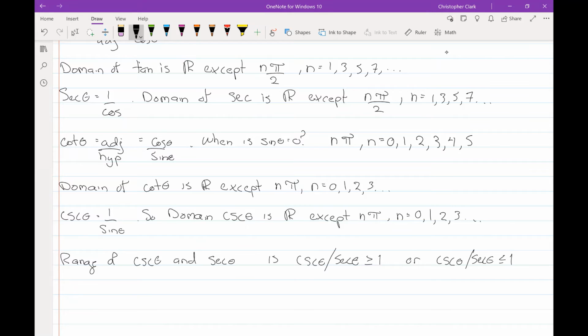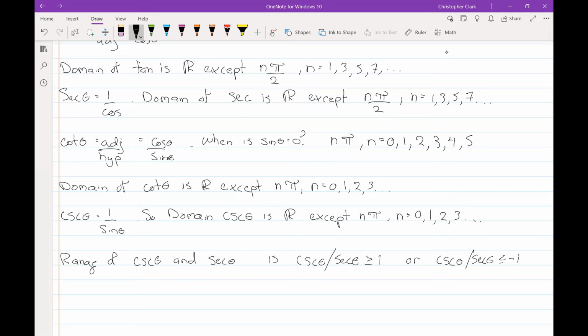So the question is, can it be anything less than 1, for example? Can cosecant ever be 0.5?